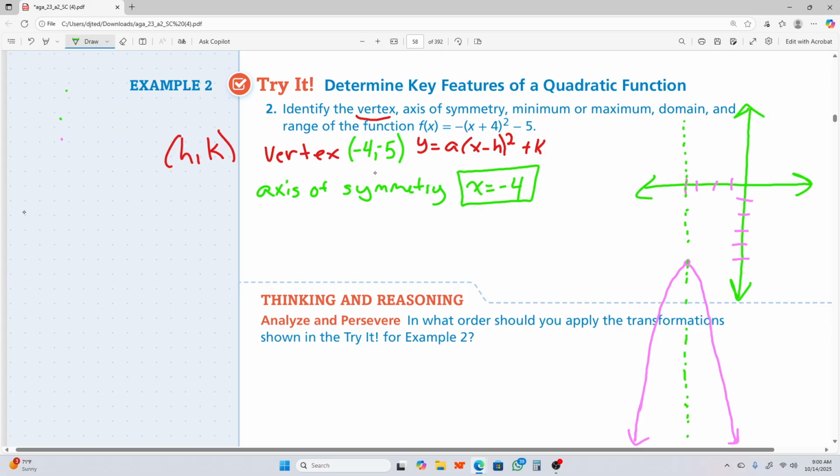And it always just comes from the x coordinate of the vertex. So we got the vertex, the axis of symmetry, and do you have a minimum or maximum? Looking at the graph, our vertex is at the top, so that's a maximum.